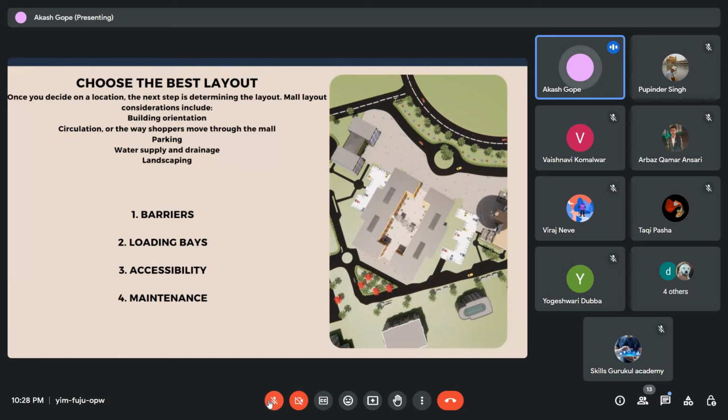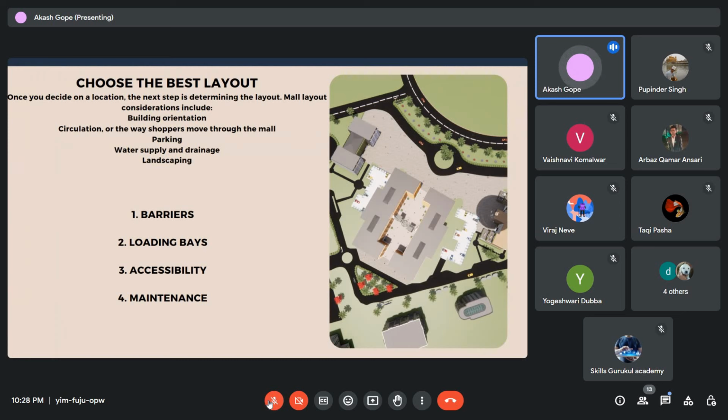Choosing the best layout. The first part is the design concept. Once we decide on a location, the next step is to determine the mall layout, considering building orientation, circulation, or the way shoppers move through the mall, parking, water supply, drainage, and landscape.